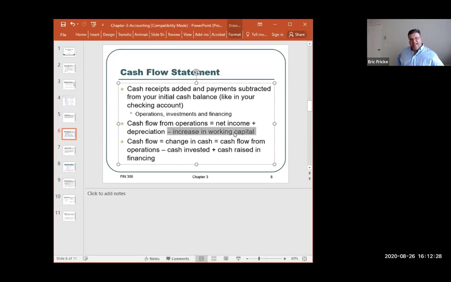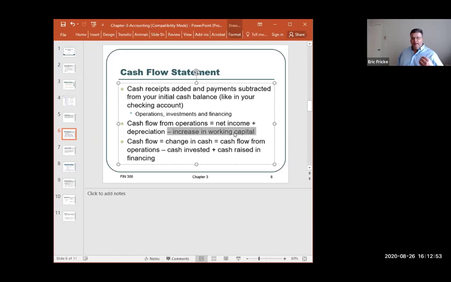But when we're doing cash flows, we want to know if you're buying more inventory, using up cash. And again, inventory is a type of working capital. Working capital is current assets minus current liabilities. Whenever you see a working capital question, for me, the easiest way to think about it is just in terms of inventory.